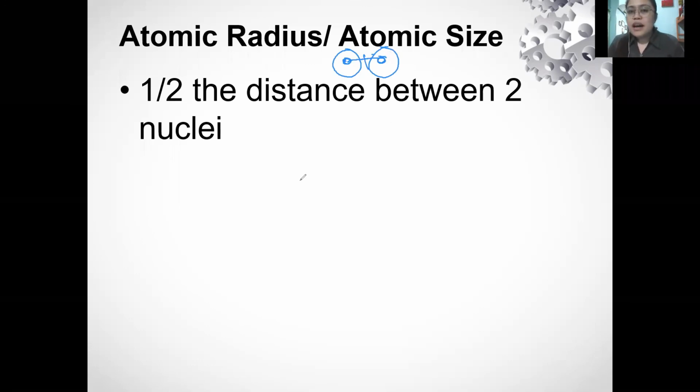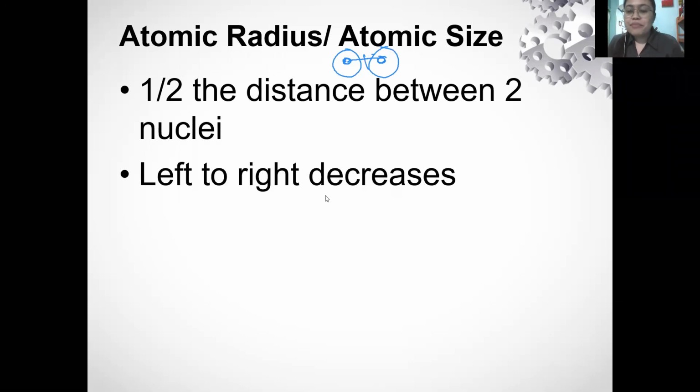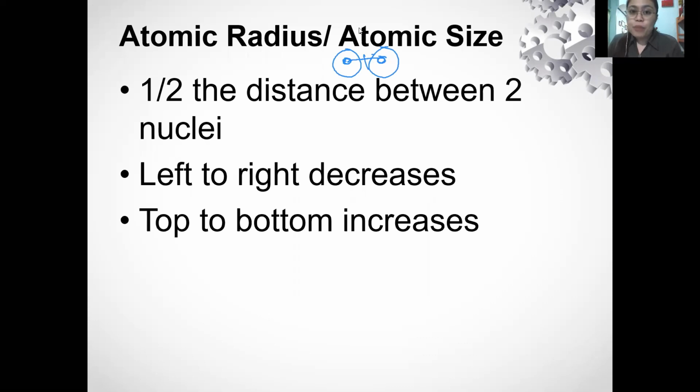But mas gagamitin ko yung atomic size kasi mas madali siyang maintindihan when it comes to discussing the periodic trends. So ito yung periodic trend natin. From left to right of the periodic table, it decreases. And from top to bottom, nag-i-increase yung atomic size.